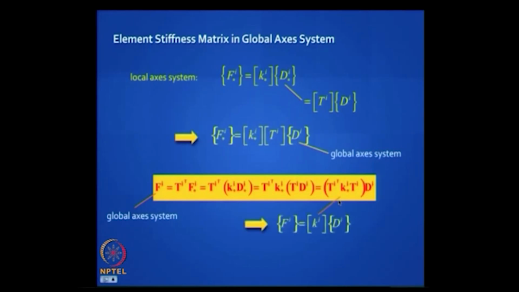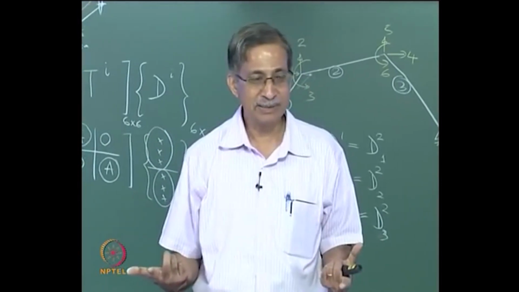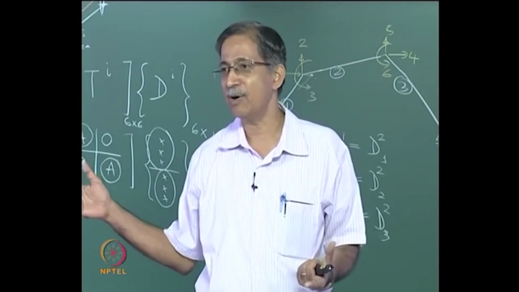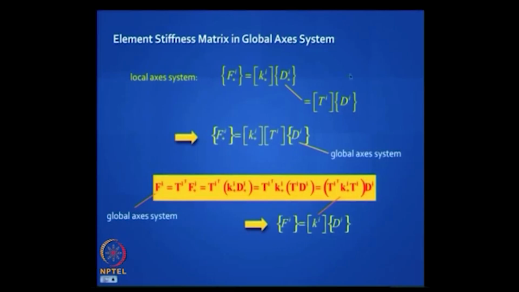So this is how you are able to derive the element stiffness matrix without the star, that is the element stiffness matrix aligned in the global axis system. Once you have the transformation matrix Ti, which you got, it is just sine and cos and maybe 1, and you have the local element stiffness matrix. This is a fundamental principle in matrices. Is this clear? Now look at this transformation.